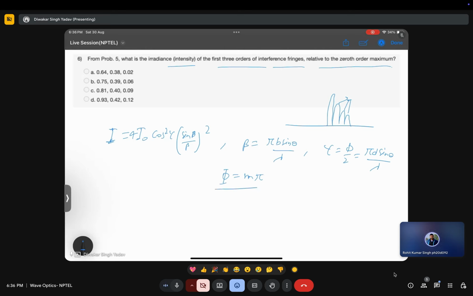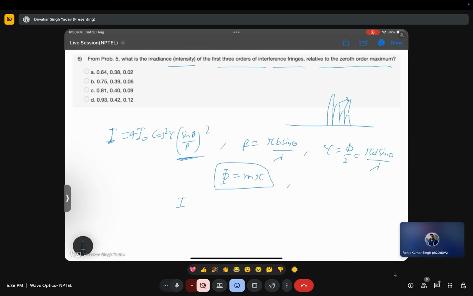This is the same for all the interference maxima. So the variation will depend on the single slit diffraction part.